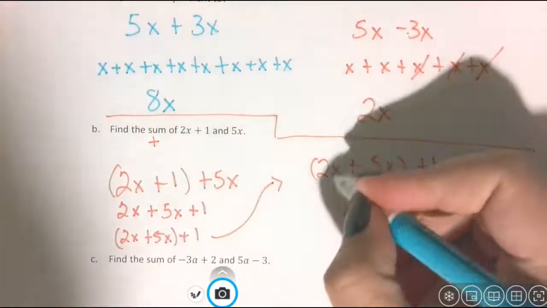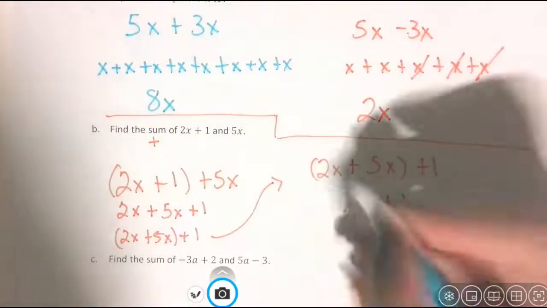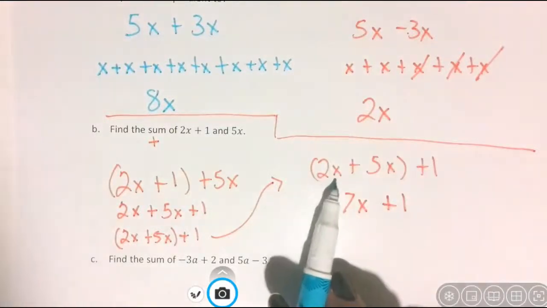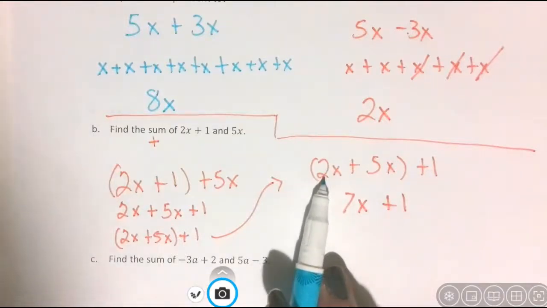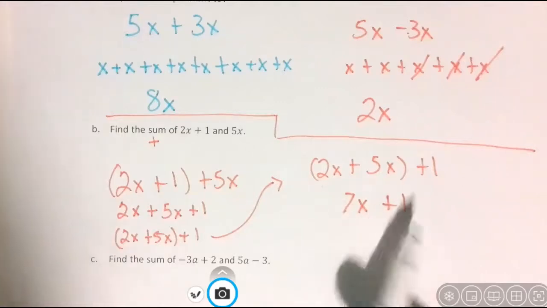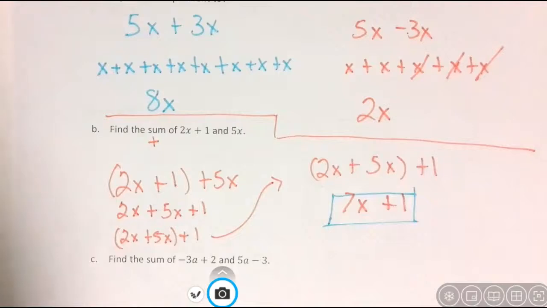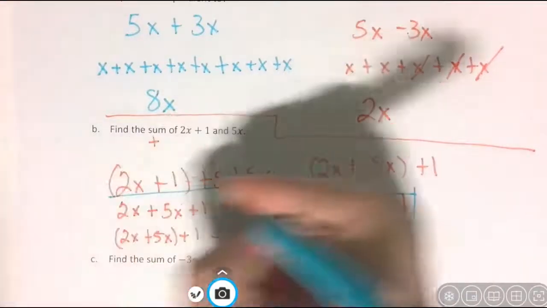This number that tells me how many of the x's I have, that is called a coefficient. Sometimes we think of it as the number being multiplied by the variable, but it tells us how many of the variable we have. So 7x plus 1 is my equivalent expression.